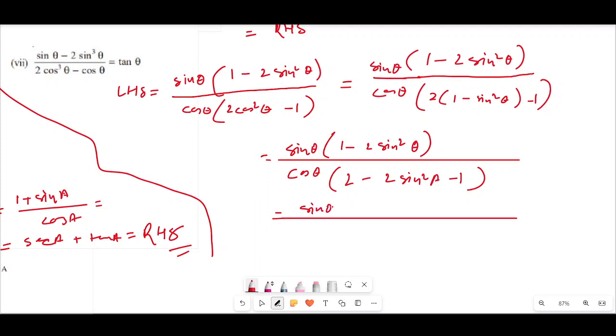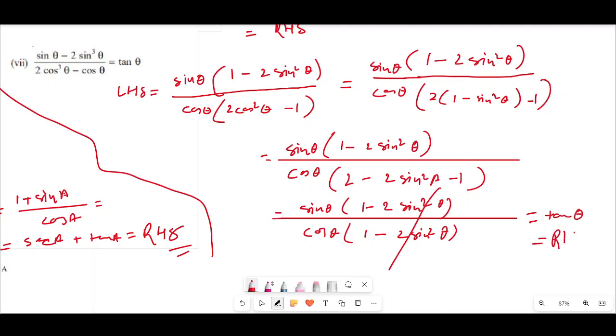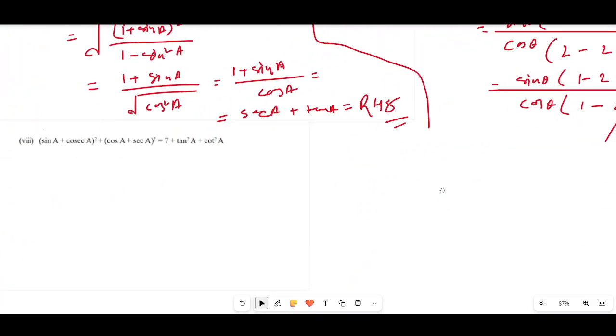This will be sin theta into 1 minus 2 sin square theta, and upon cos theta it will be 1 minus 2 sin square theta. It will be cancelled out. So sin theta upon cos theta is tan theta. So it is the value of right hand side. So this is the proof. Clear?